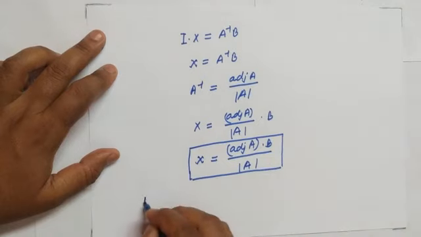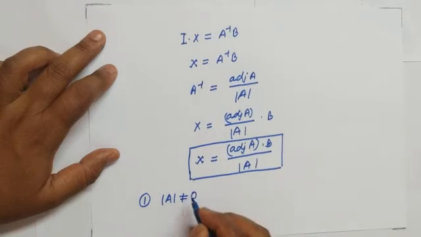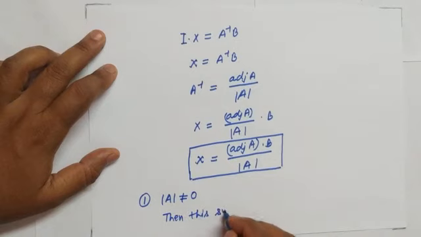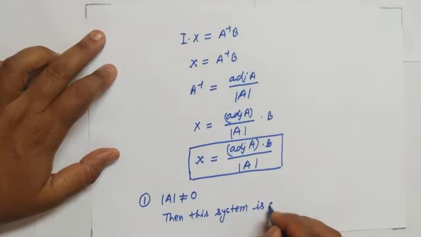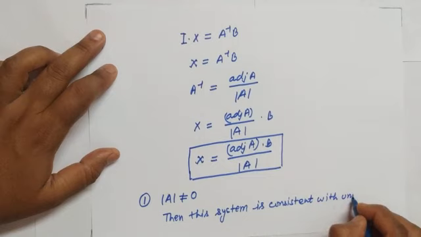Now see, if determinant of A is not equal to 0, means A is a non-singular matrix, then this system is consistent with unique solution.